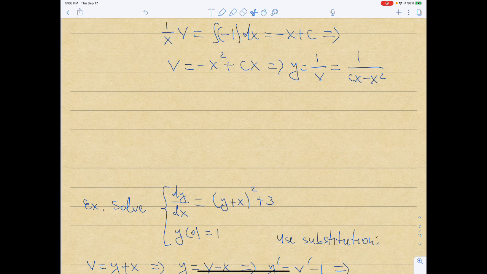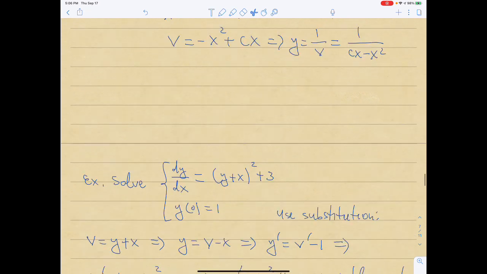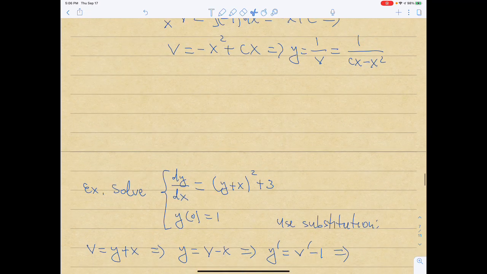So at this point, we have two choices: either we give up and go home, or we devise a new way of solving an equation like this. And the natural thing to do here actually is, because the right hand side is a function of y plus x, the natural choice is to try a substitution v equal to y plus x.